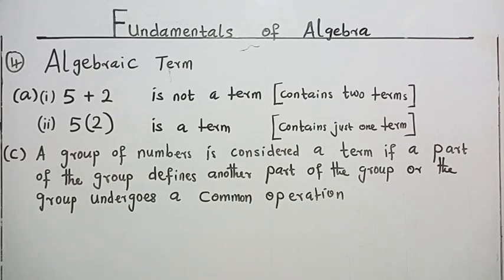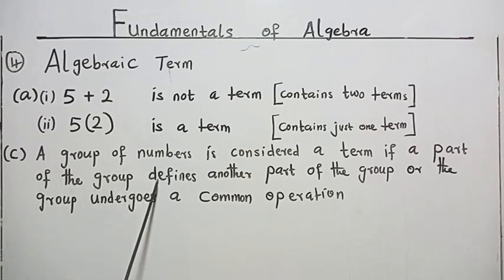The question is why? Let me start with this second one, 5 brackets 2. If I interpret 5 brackets 2 and later interpret 5 plus 2, from their interpretations we can tell which one qualifies to be called a term based on this condition here.